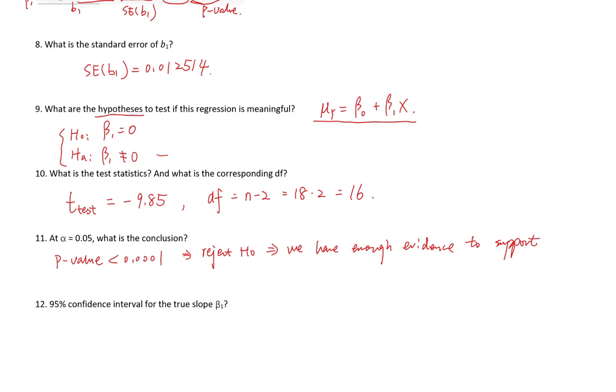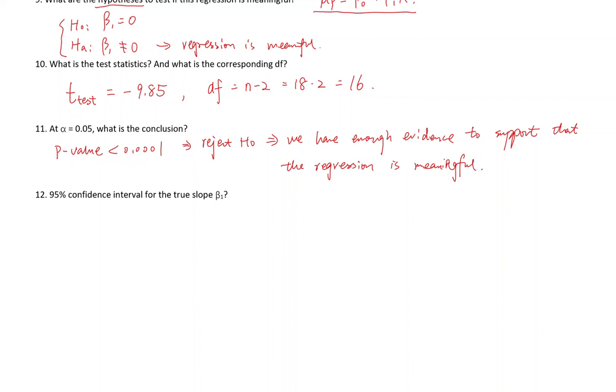It means our regression is meaningful. Also, it means there is a strong or significant linear relationship between x and y. So here we can say we have enough evidence to support that the regression is meaningful.